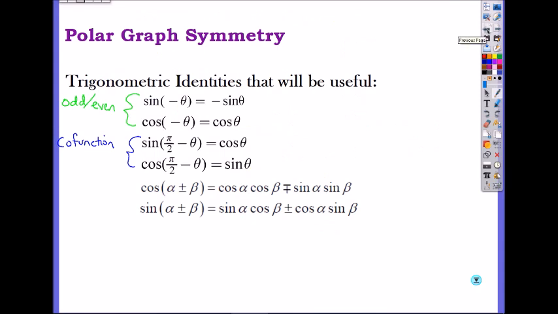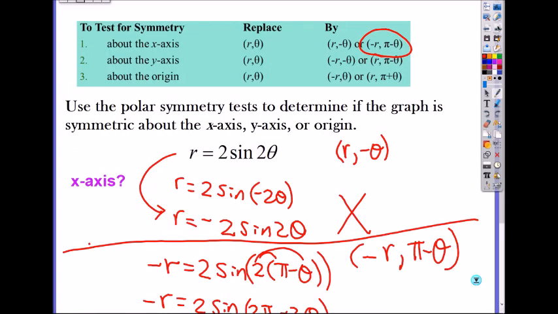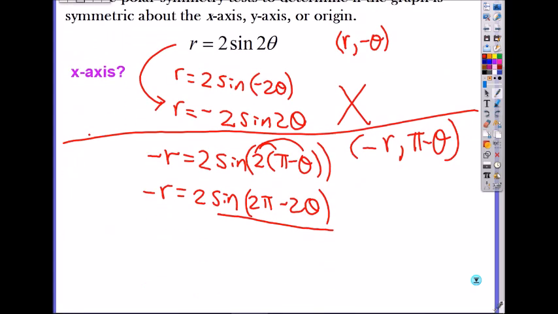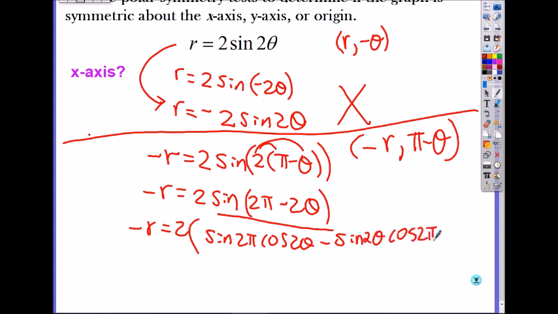It is sine, cosine, cosine, and sine, and if it's minus, you still have minus. So negative r equals 2 times sine 2 pi cosine 2 theta minus sine 2 theta cosine 2 pi.